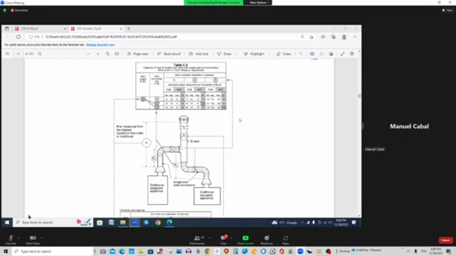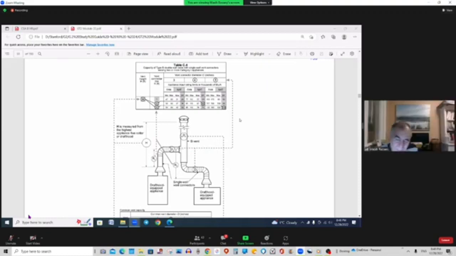So in table C4, if you do have 2 or more category 1 appliances, and it is B vent, single wall connector, you go to table C4.